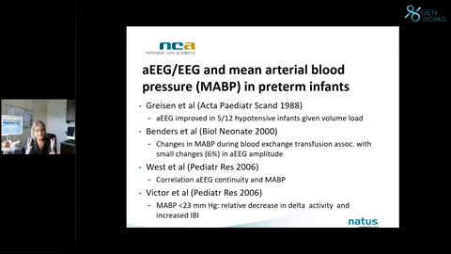And several studies have shown that the AEEG and the cerebral function improves when we improve the hypotension. So when we relieve the hypotension, the background pattern in these babies improves and normalizes if there are no other effects that are causing it.